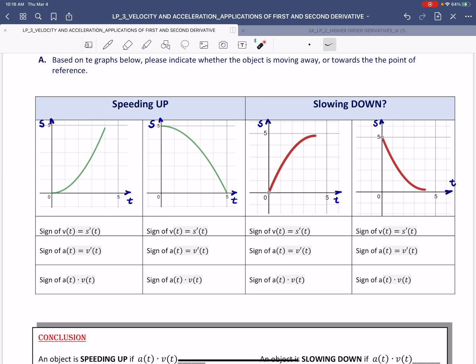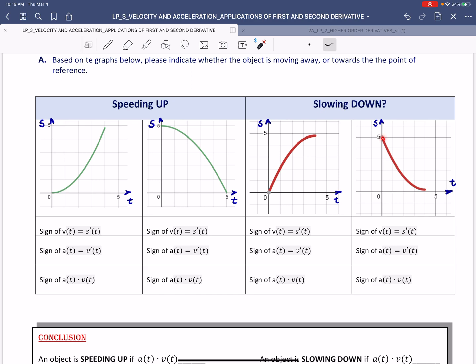In the next graph, the slope of the tangent, which is velocity, goes from very positive to less positive. So velocity is decreasing, which makes this object slow down. This would be a motion that is slowing down.